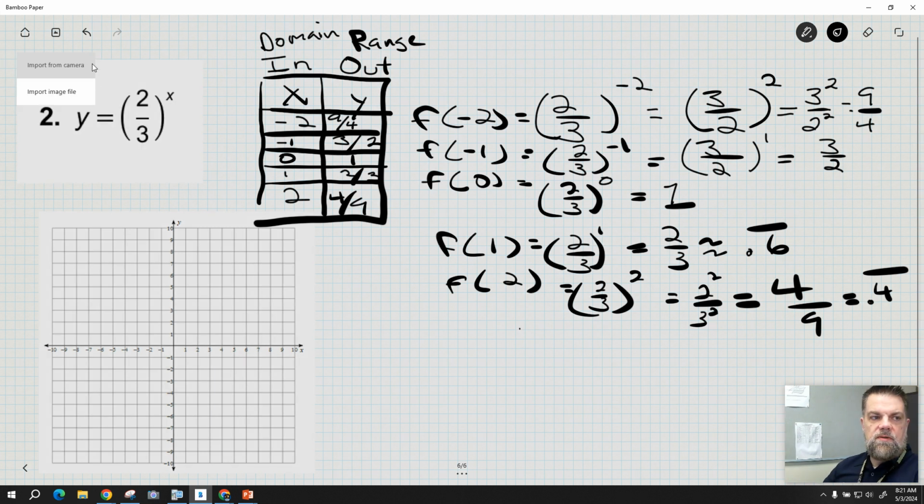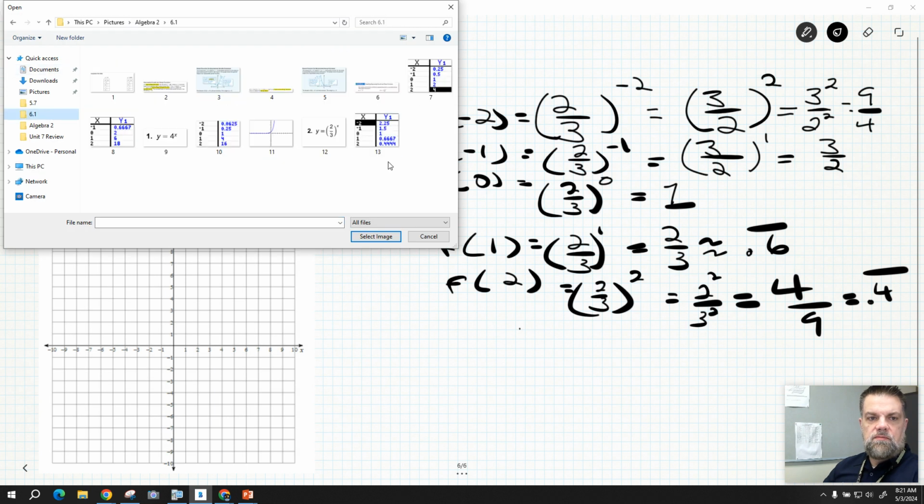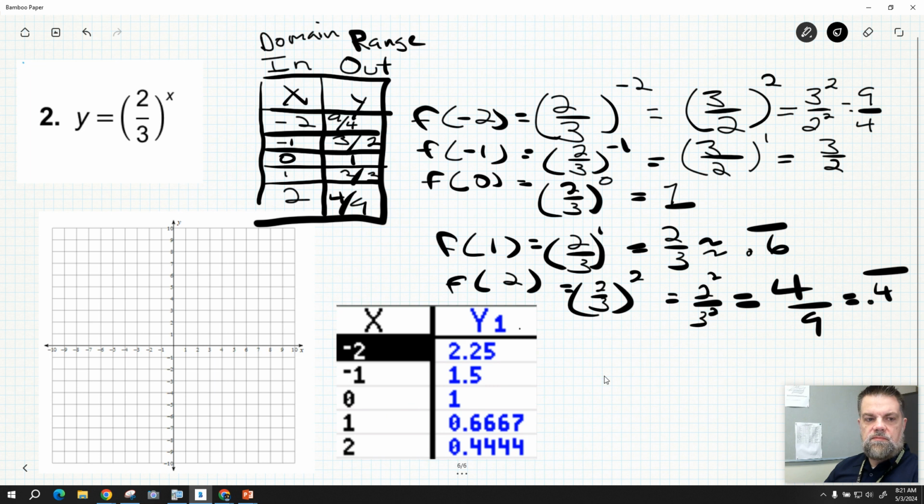So I'm going to do this. One of the things I like to do with graphs, these fractions will line up, right? But it's kind of hard. What's 9/4? Well, it's 2.25.